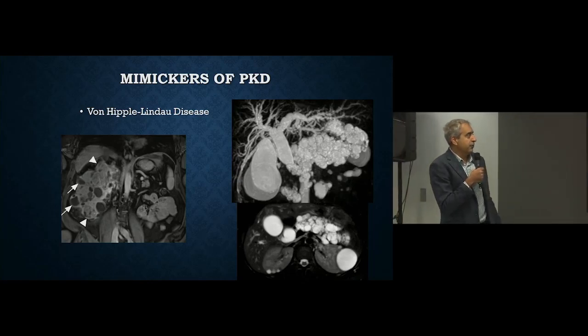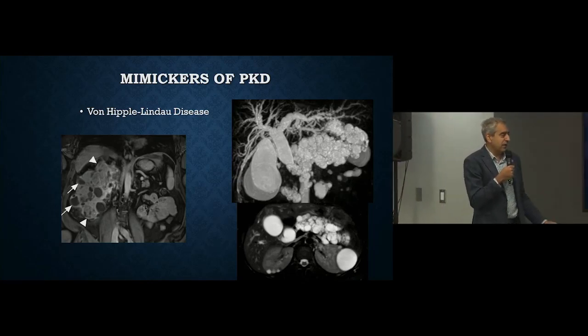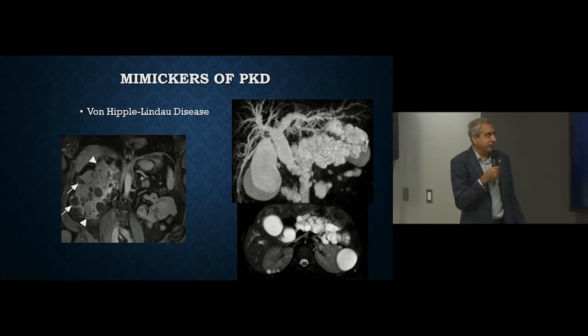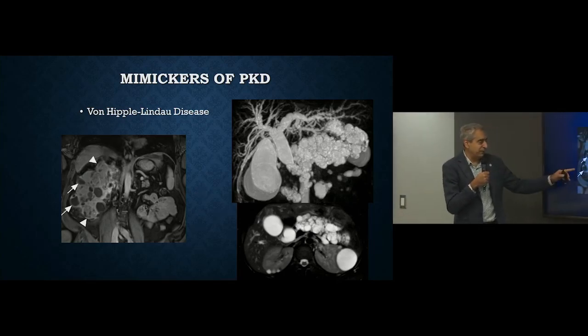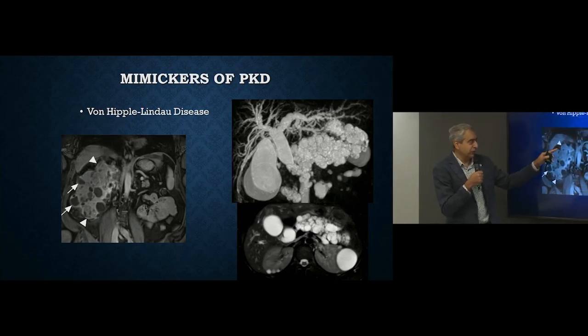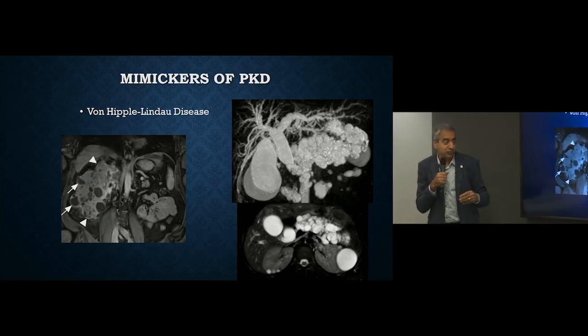Another disease that can have renal cysts is von Hippel-Lindau disease. With von Hippel-Lindau, commonly we can see cysts within the kidneys, but also solid renal masses, which are renal cell carcinomas.